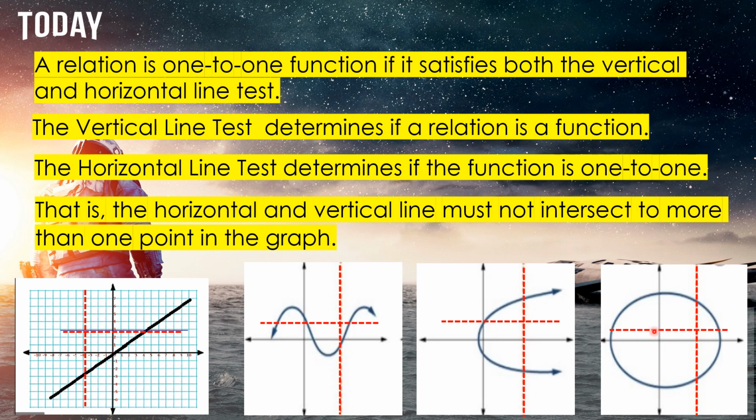And the last figure, let us take a look first at our vertical line. So our vertical line intersects twice our graph, in this point and in this point. So therefore, it is not a function.